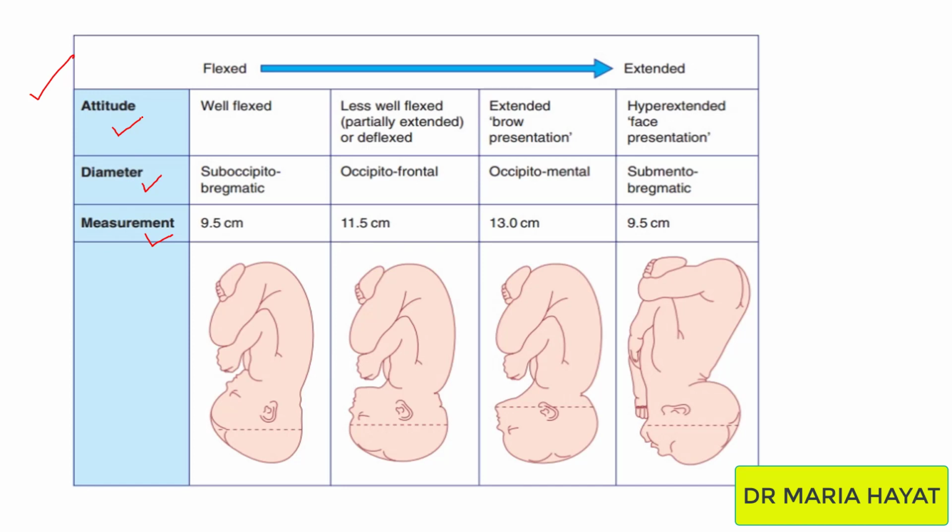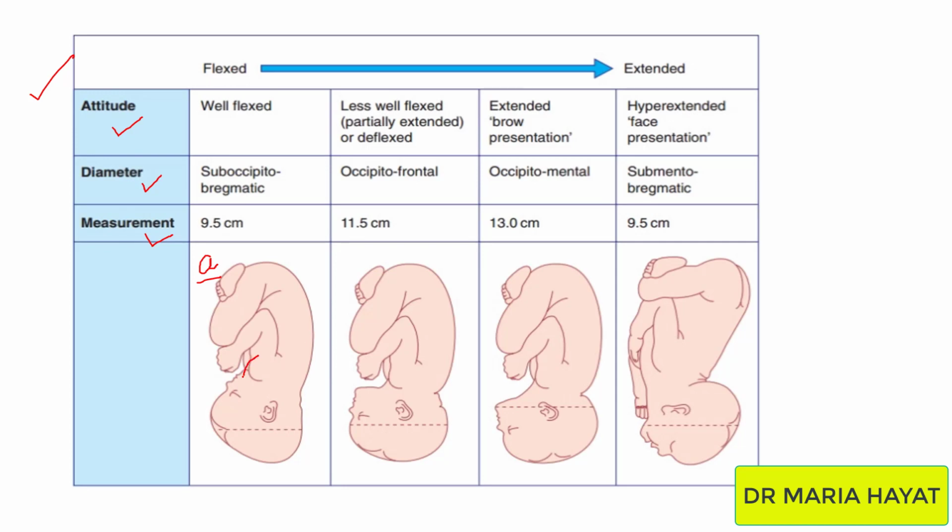For example, in the first image, image A, this is the most important and mostly it is asked because it is the normal thing. Normally, the fetus is well flexed. When the fetal head is well flexed, then the chin directly attaches with the fetal chest.